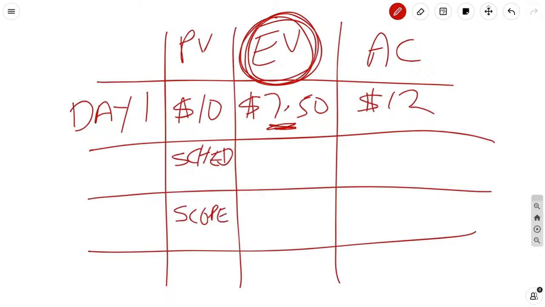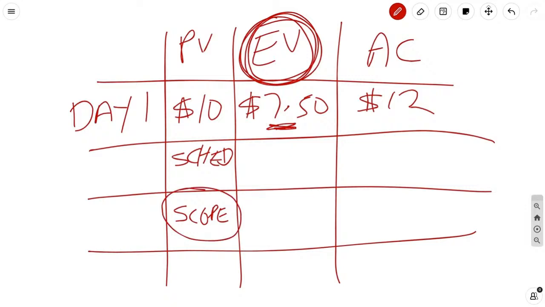Because when you look at planned value, if you have done only the scope that you were supposed to, you can tell that you have all this scope that wasn't done but was promised. You have $2.50 of scope that hasn't been done. And when I say scope, we're referring to the measurable work.